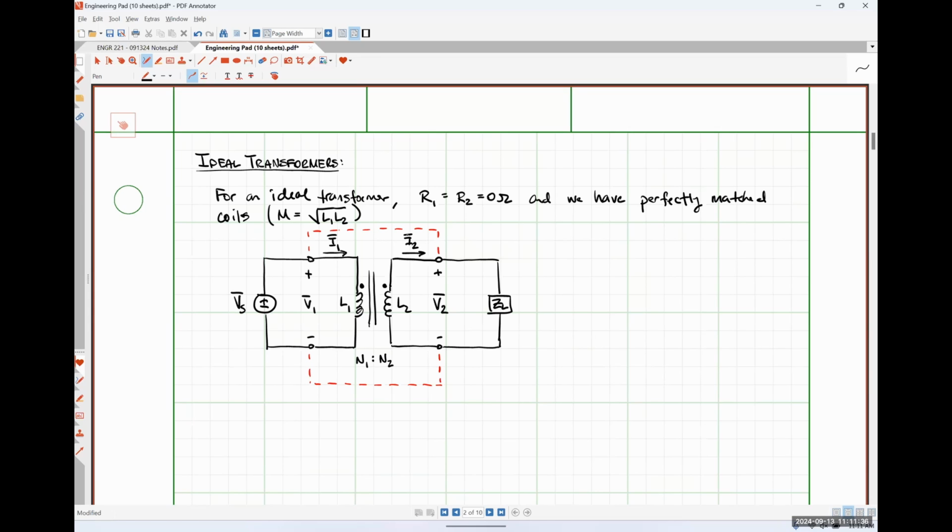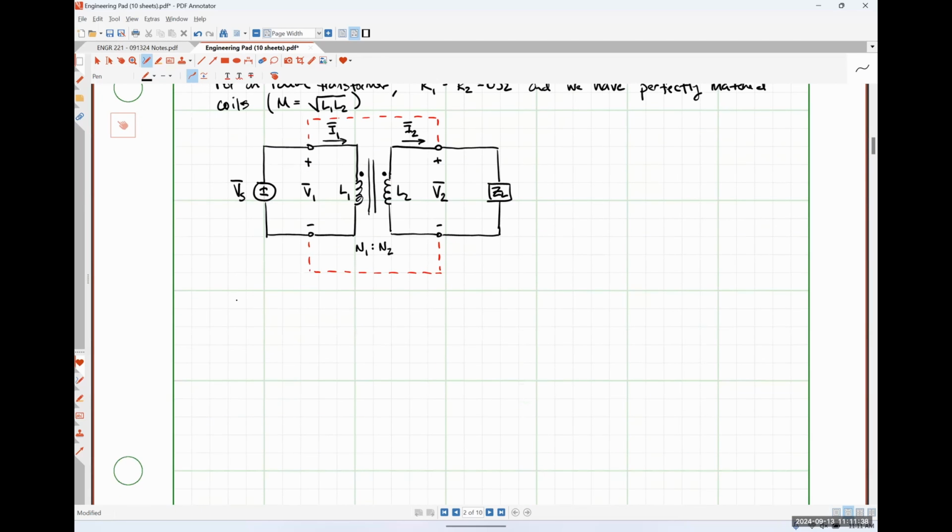So we can say that L2 over L1, the ratio of the inductances, is going to be equal to N2 squared over N1 squared. And this is going to be our turns ratio A squared.